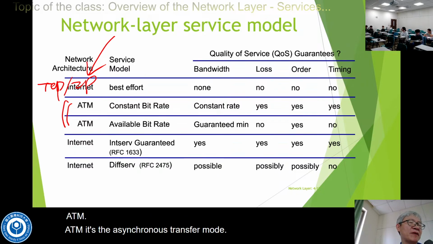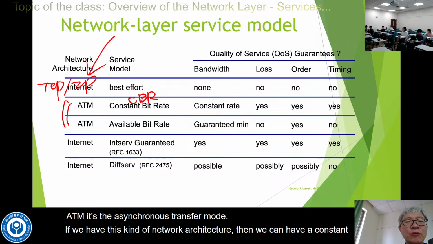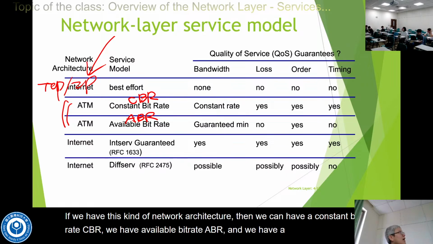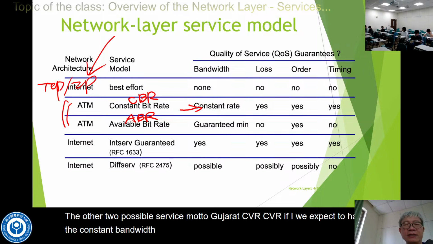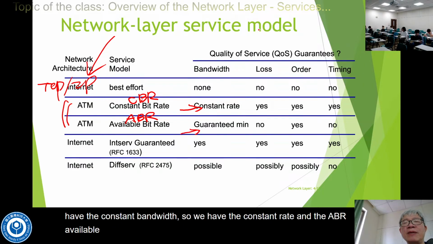With this kind of network architecture, we can have constant bit rate CBR, available bit rate ABR, and VBR and UBR as the other two possible service models. For CBR, we expect constant bandwidth, so we have a constant rate, and for ABR, we guarantee the minimum bandwidth.